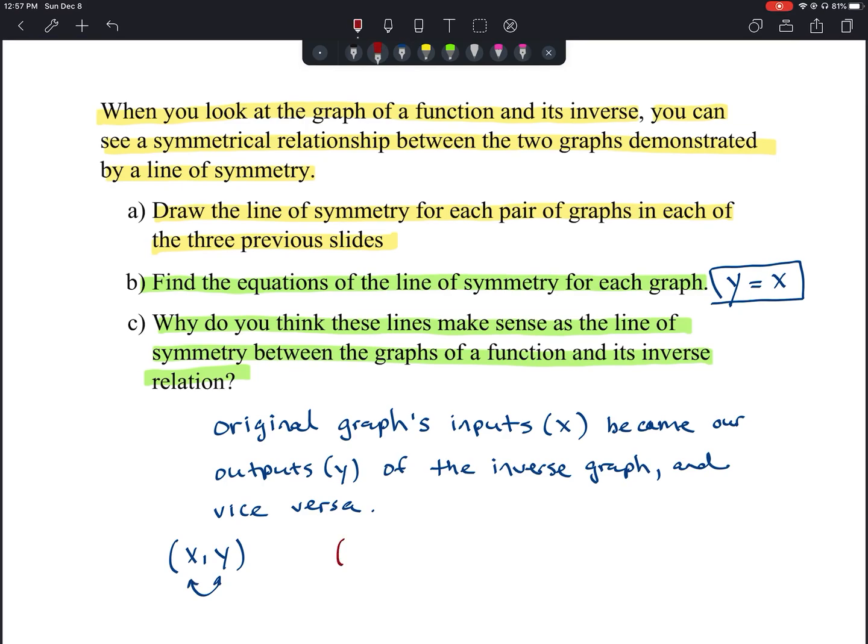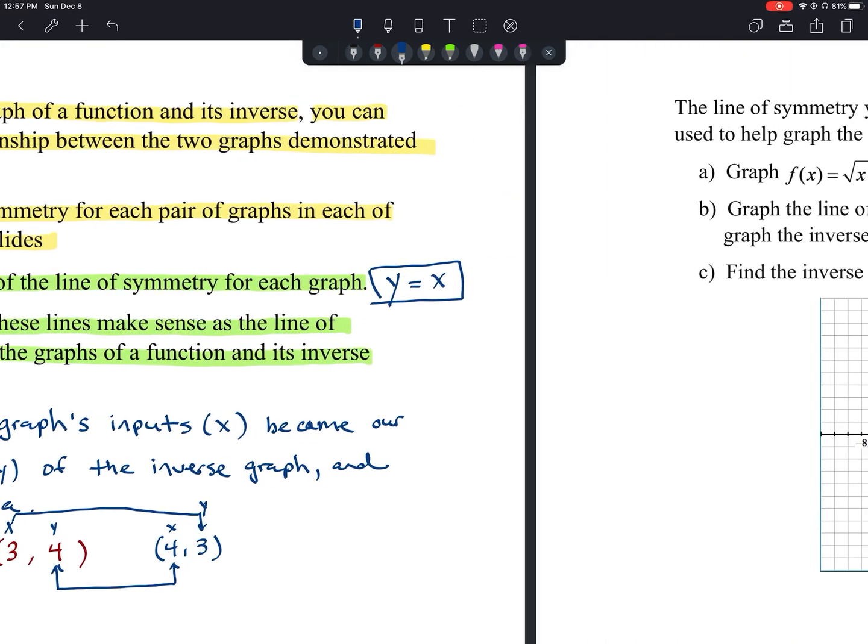So if I had a point on the original function like 3, 4, on my inverse function I know that I'm going to have the point 4, 3, because my original input became my new output, which is my y value, and then this y value became my x value for my other function. So my x's and my y's end up switching between the two functions.